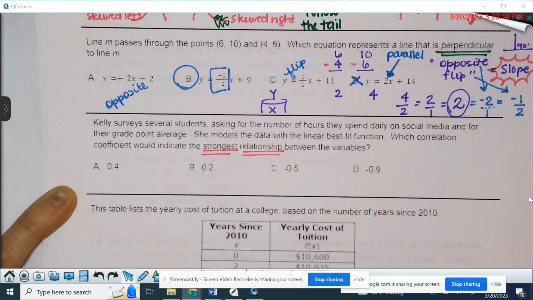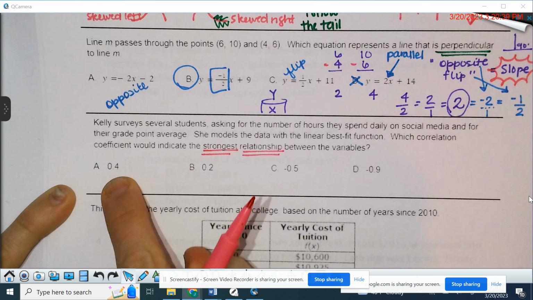We are not discussing positive and negative. We're just discussing strong. So it's a tight group of coordinates. Lots of little dots. All right. Anyone else? Okay. So our guess was 0.4.